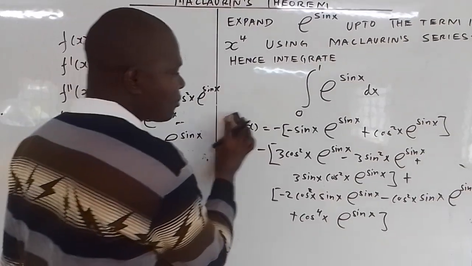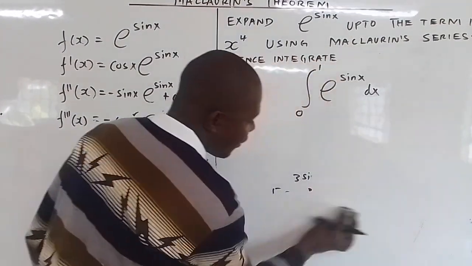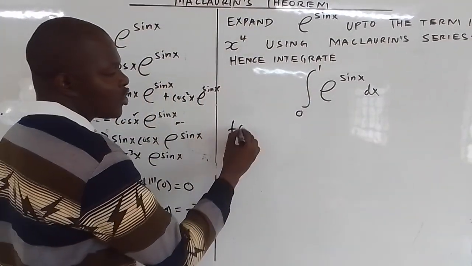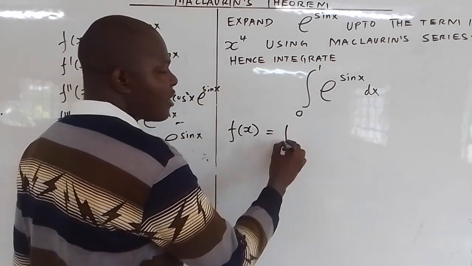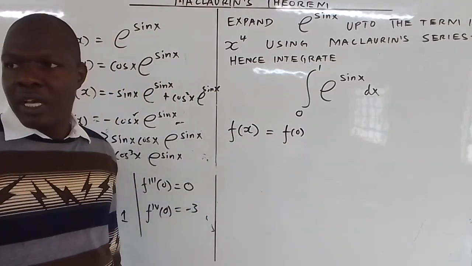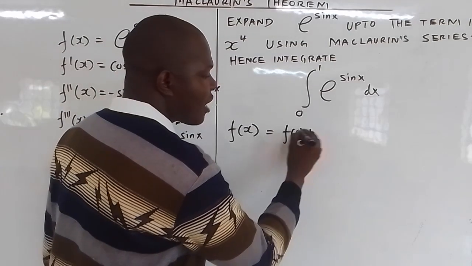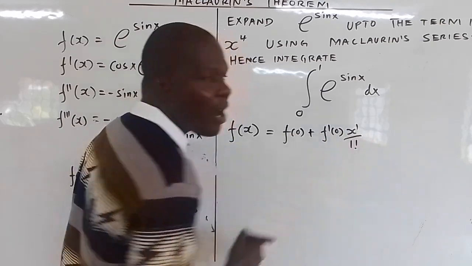Having found that, we now write the Maclaurin series. The Maclaurin series expansion of a function of x is given by what? We start from f of 0, isn't it? Then plus f prime of 0, if we differentiate it for the first time, we are going to have x raised to power 1 over 1 factorial.